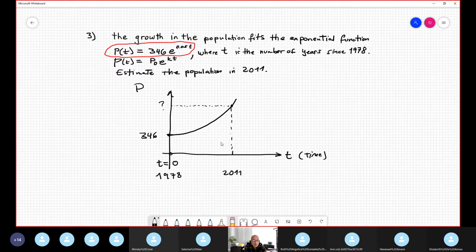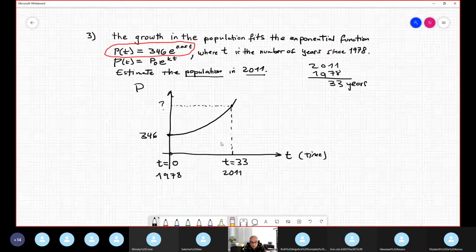How many? Estimated population in 2011. Okay, first of all, I need to find the duration, how long this time is. Only subtraction: 2011 minus 1978, 33 years. Actually, the duration for this process is 33 years.